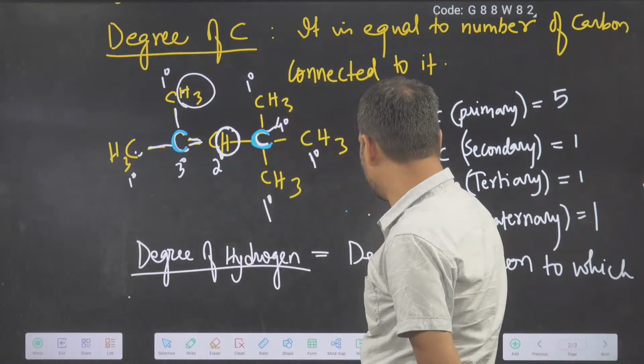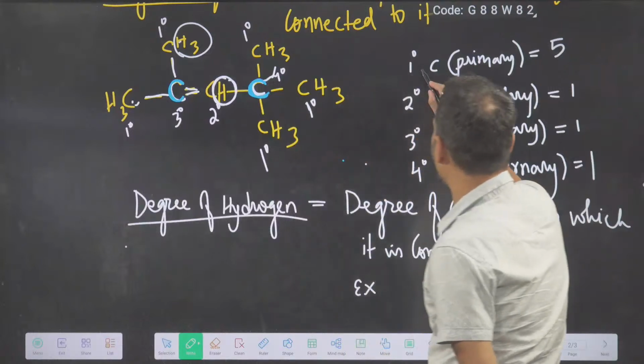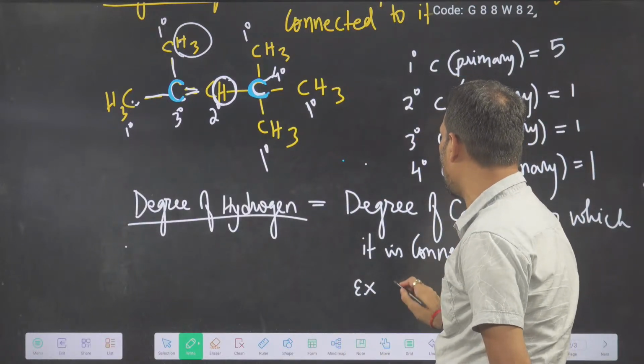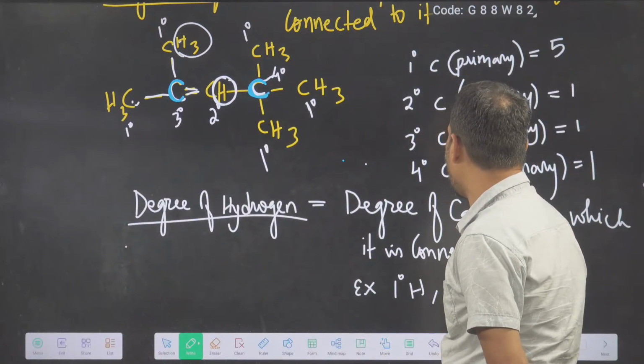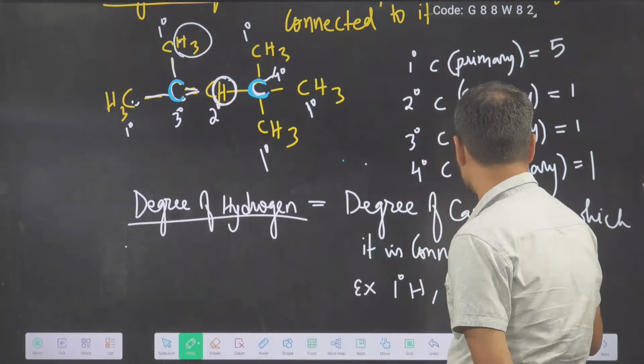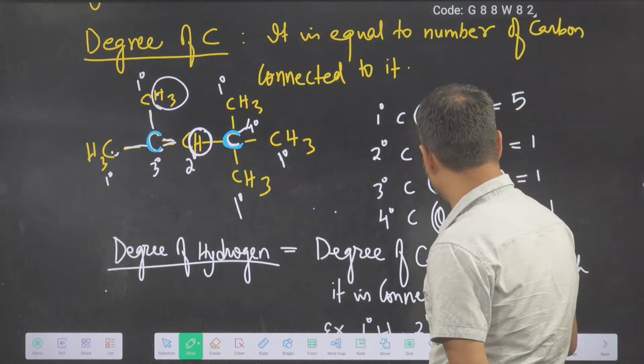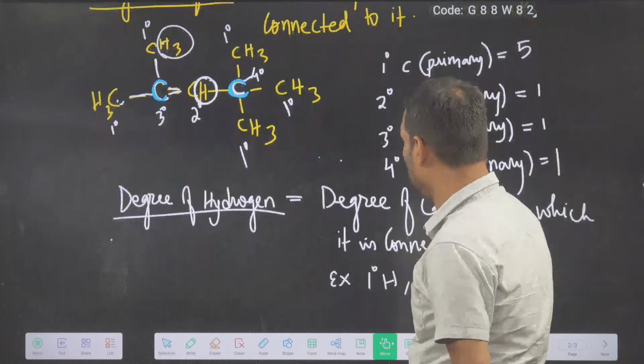So you tell me, as we have said 1 degree, 2 degree, 3 degree, 4 degree carbon, can you have 4 degree hydrogen?